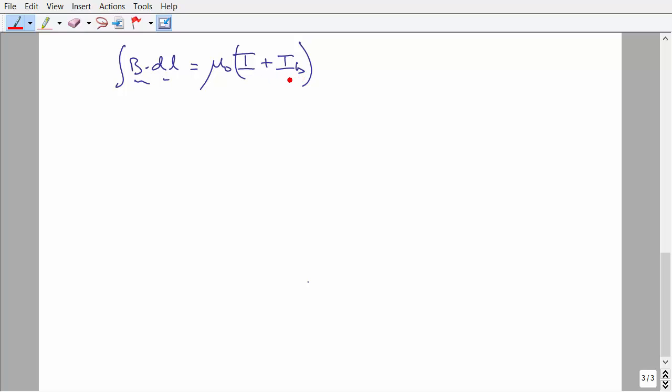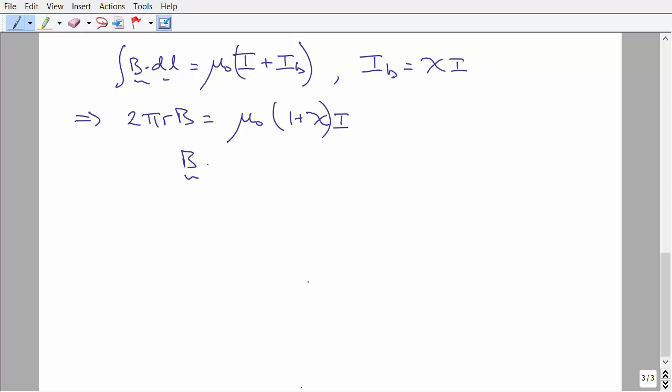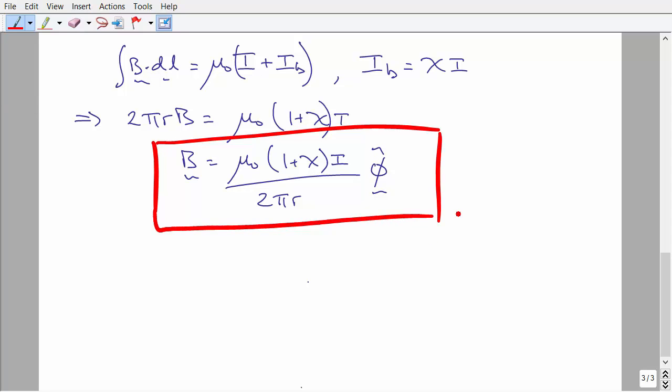But we have a relationship between IB and I. We derived that on the previous page. And there is our expression for B. And you'll see that this does indeed agree with the equation that we derived on the previous page.